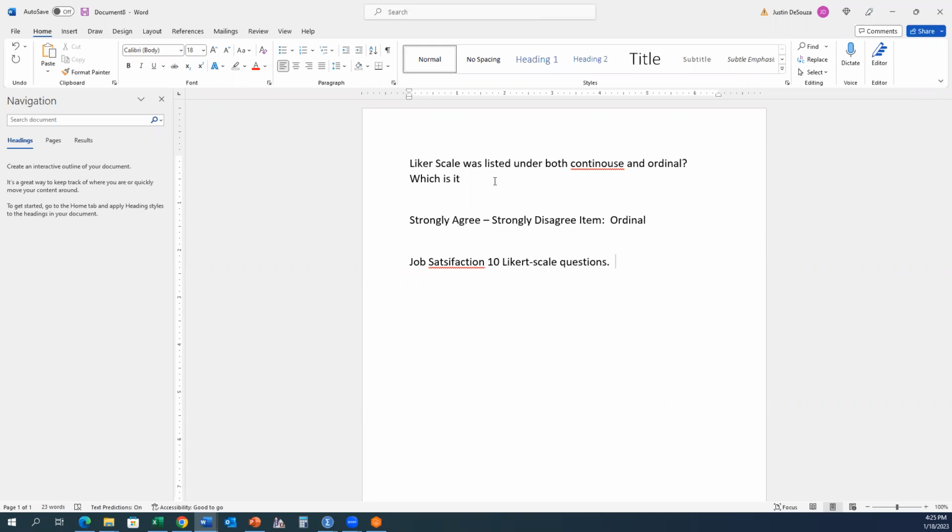But if you compute an average from all 10 items, the resulting variable is going to be continuous. Okay, does that make sense? So it depends if you're creating an overall score or not. That will make the determination on, is it ordinal or is it continuous?